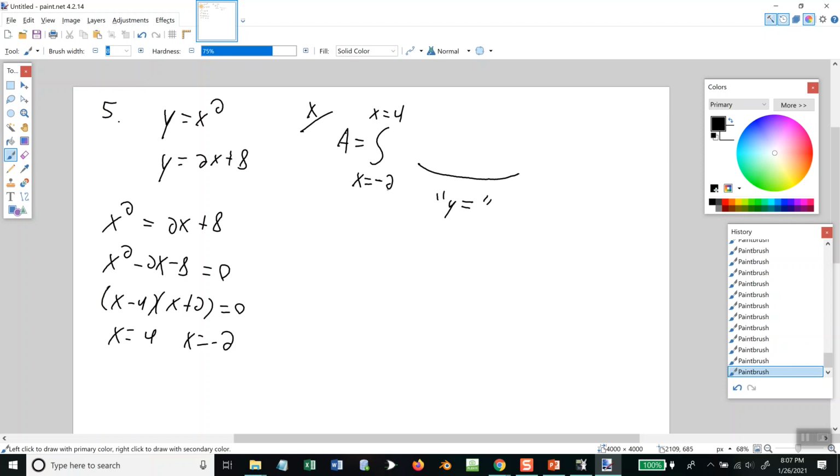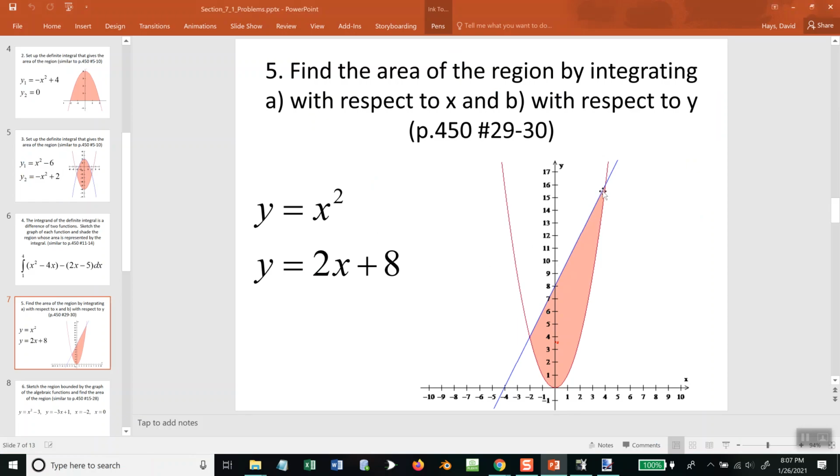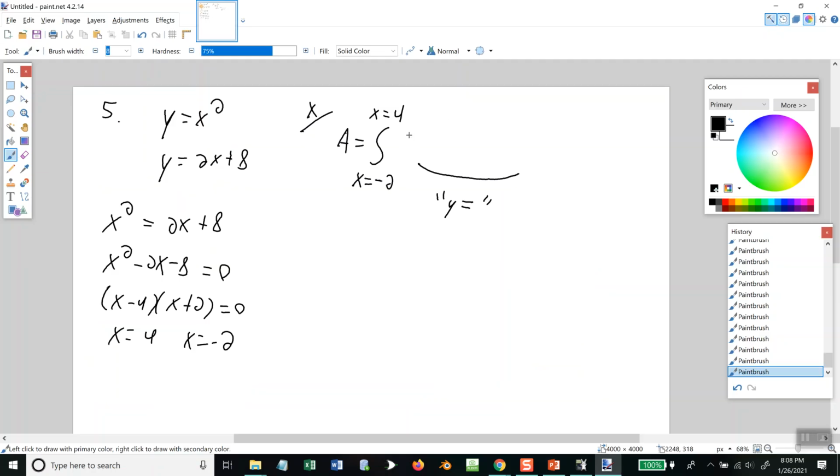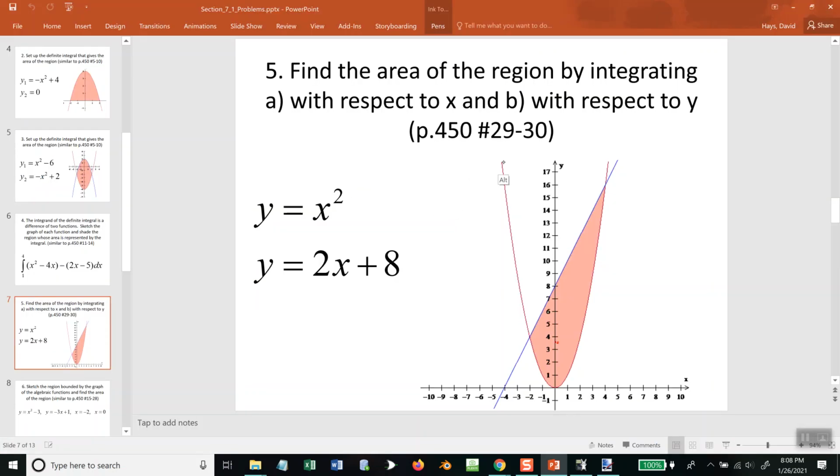So we do the one above minus the one below. Obviously, the straight line is above, which is the 2x plus 8, minus the one that's below, which is the x squared.